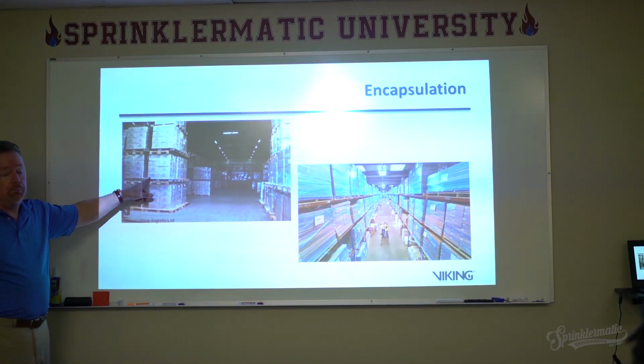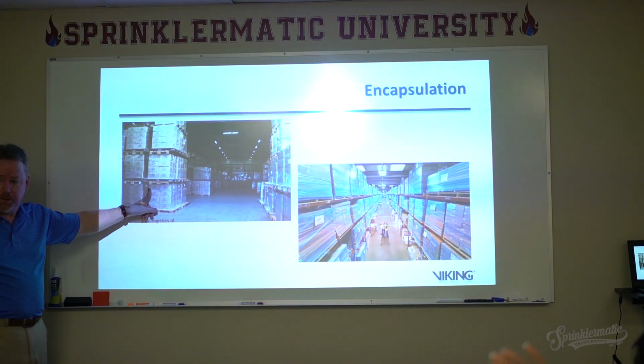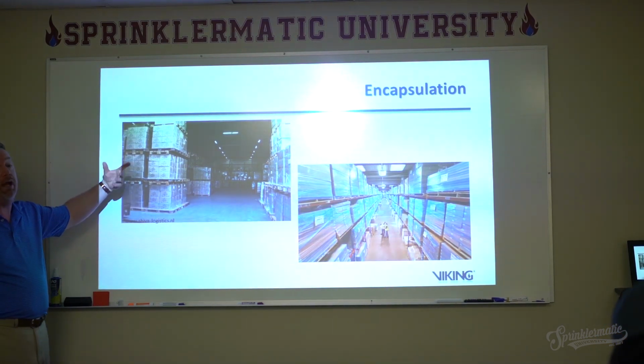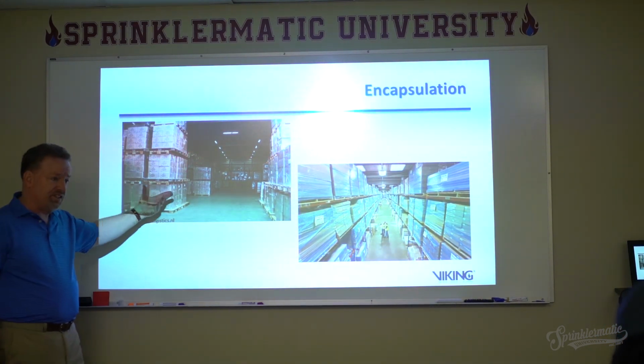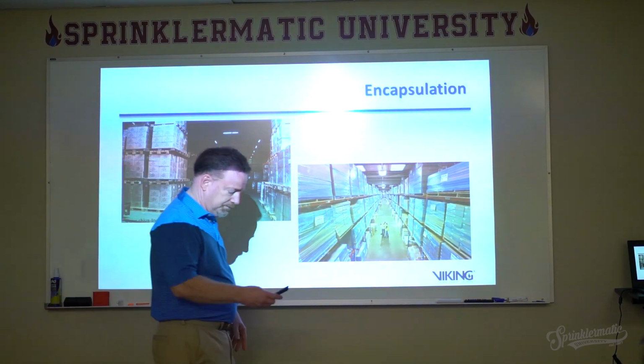But you are going to have a different flow requirement. You're going to have a different density requirement coming out of your ceiling sprinkler. So it may require an ESFR sprinkler, or it may require one of the other ones we'll talk about.